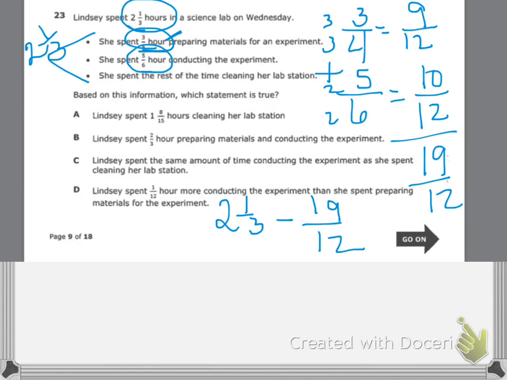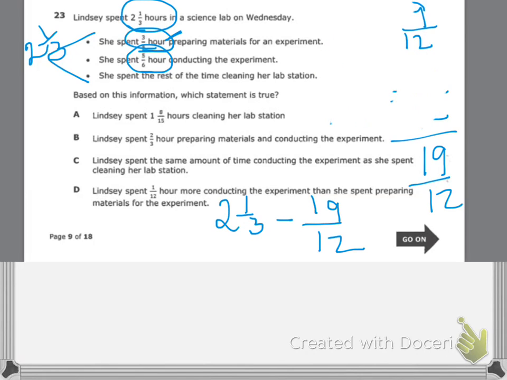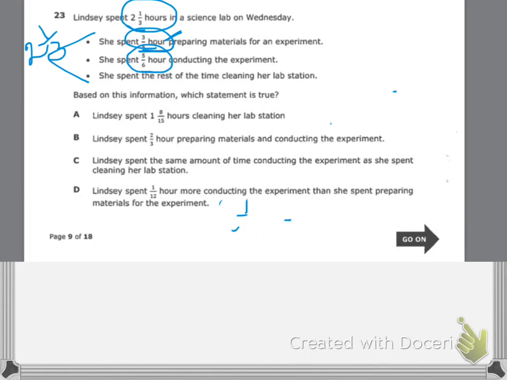So let me go back to my problem. And I'm going to clear some of this out. Okay, so now I know this is 3/4 of an hour right here.